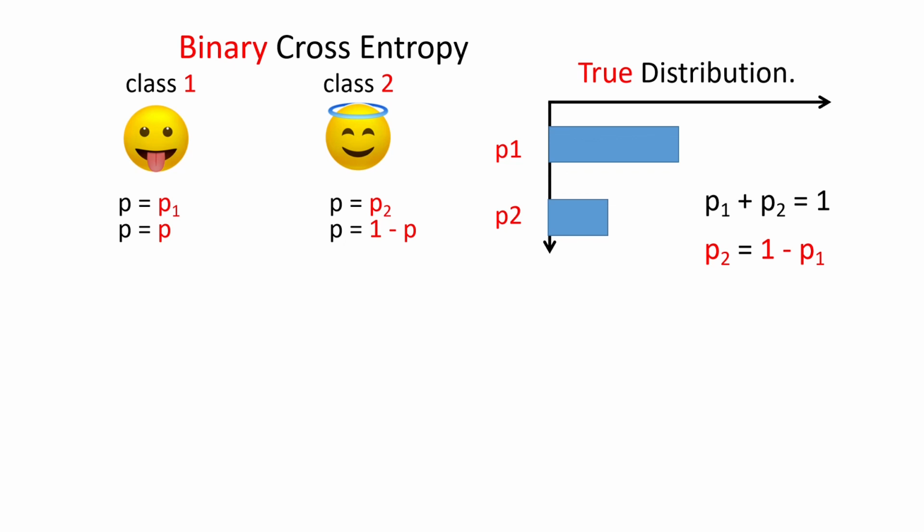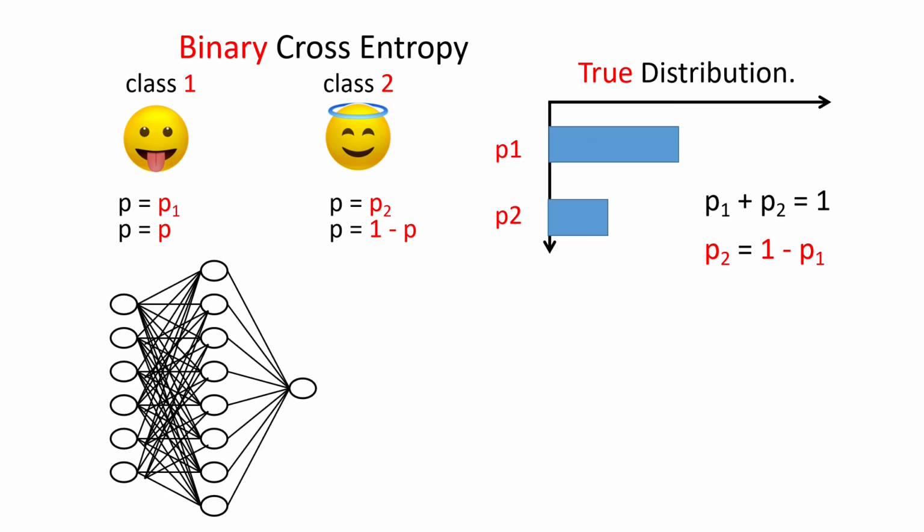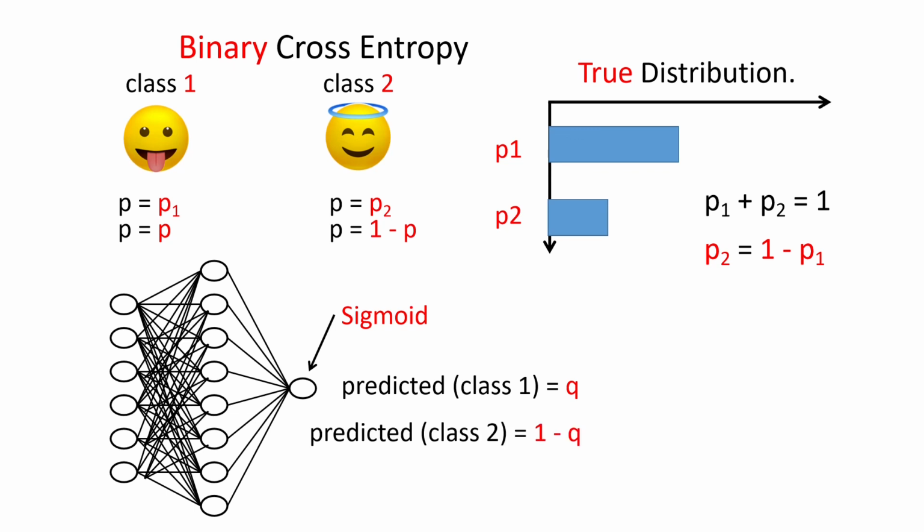Now, in the binary cross entropy case, the last layer of the neural network is a sigmoid function, which will predict the probability of the input belonging to the first class whose real probability is P1. Let's say that the predicted probability was Q of x, and this is the probability of belonging to the first class. So the probability of belonging to the second class equal to 1 minus Q of x.